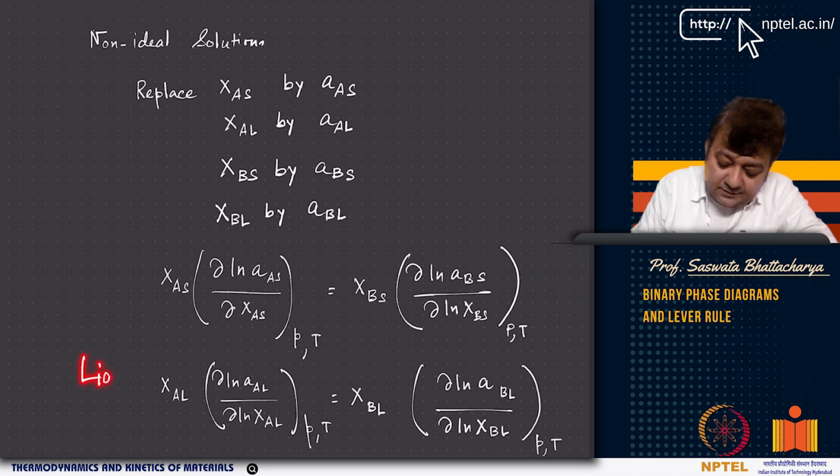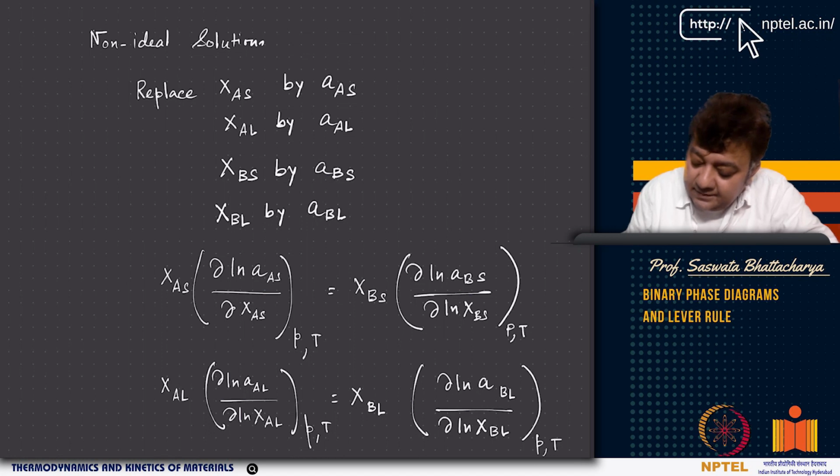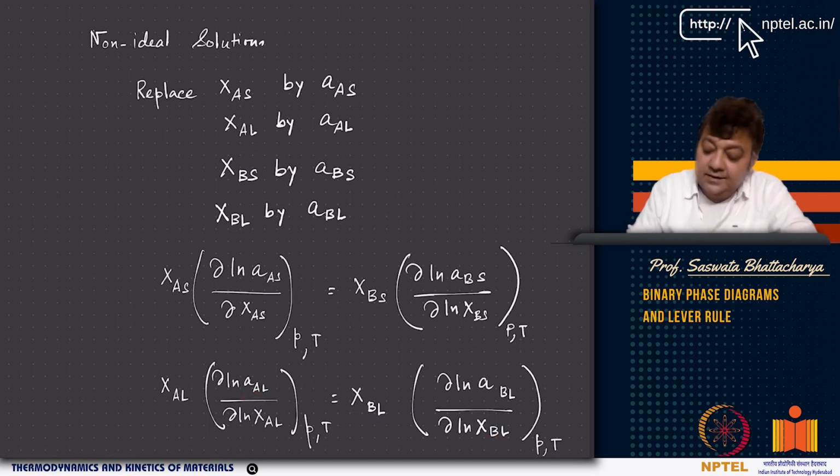So now for the liquid you have XL, del ln A, del ln X for B, and this is for A. These two equations come from the Gibbs-Duhem relation.